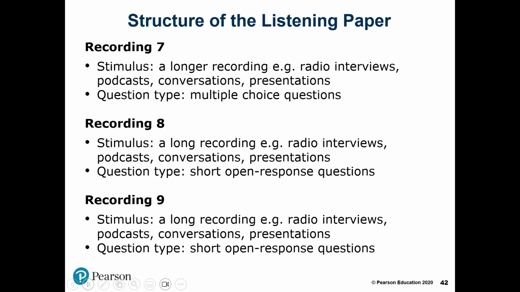And the question type is all short open response questions. So here we see that there is more demand, because with the multiple choice questions, of course, the answer is there and they just need to choose it. But with the open response, the answer is something they need to find. And the same pattern for recording 9, the same kinds of activities, and all short open response questions.